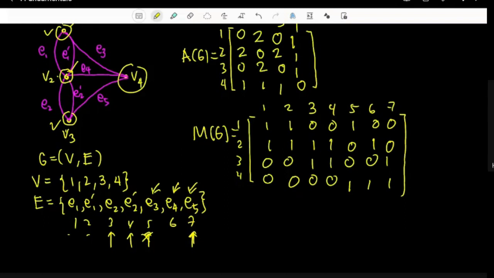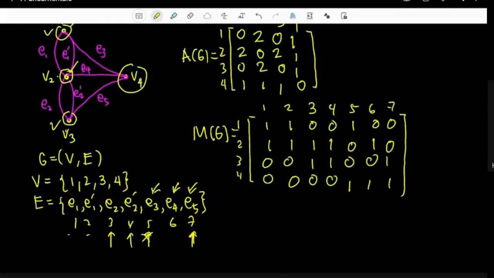Because the incidence matrix only tells you whether a vertex is incident to an edge. But of course, if you have distinct edges, then you should be able to also draw or construct the graph.